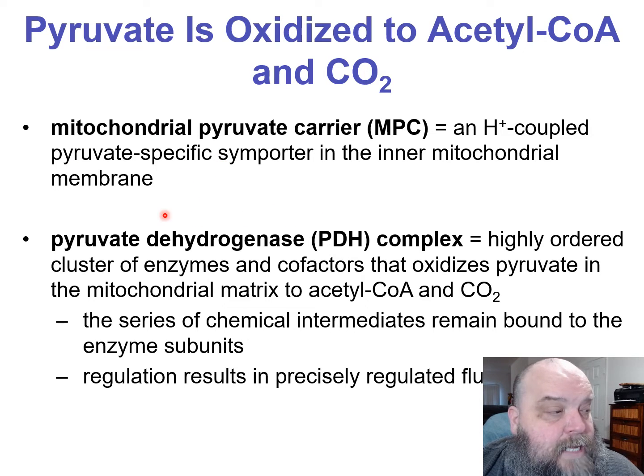The pyruvate's then going to come into contact with what is referred to as the pyruvate dehydrogenase complex, PDH for short. This is a cluster of complexes of enzymes and proteins.